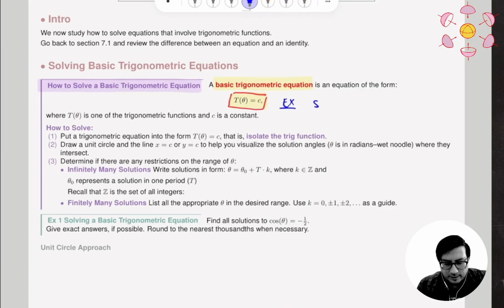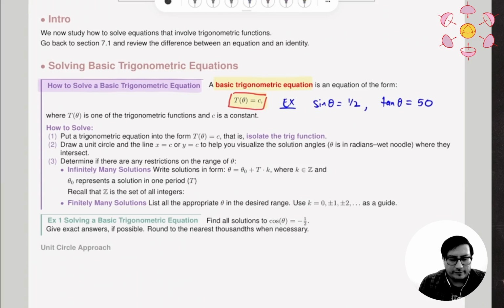It could be sine theta equals, let's say, 1/2. So T(theta) is sine, that's one trig function, and the constant c is 1/2. We can also do things like solve tangent theta equals 50. Things like that.